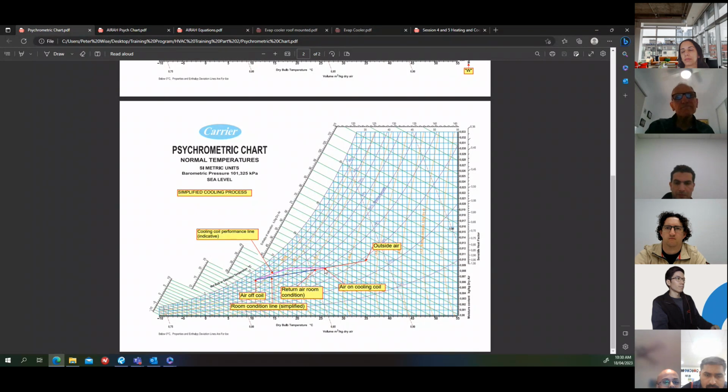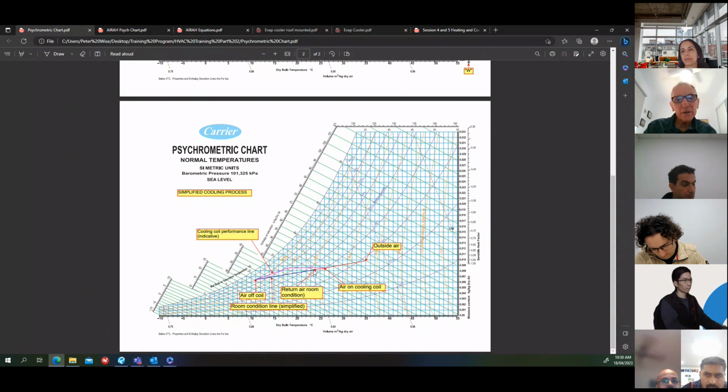And so from there, what I haven't mentioned is that in Camel, it's going to ask you for inputs about things like return air duct gain and supply air duct gain. So they can all be modelled on the chart. And those gains in the ductwork are sensible gains.